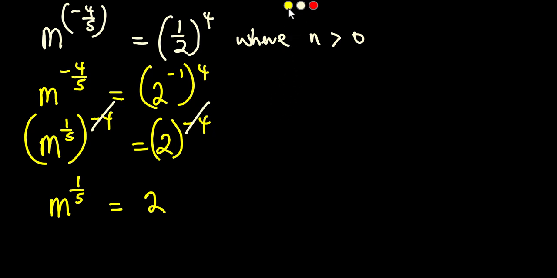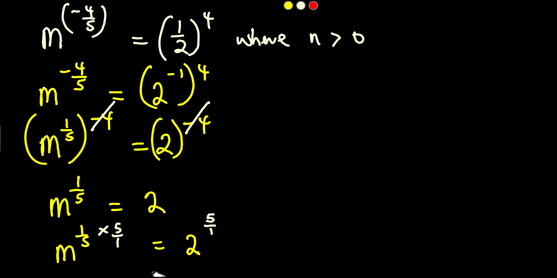So this is the same thing as m to the power of 1 over 5, and I'm going to multiply this by 5 over 1, and also on the right side, 2, multiplied by 5 over 1.